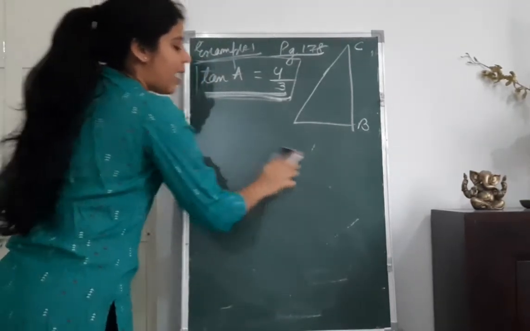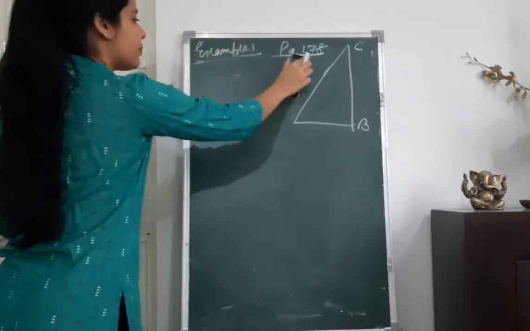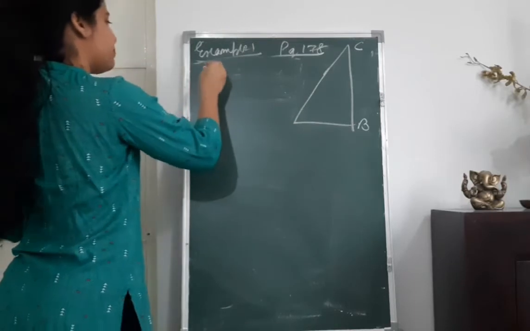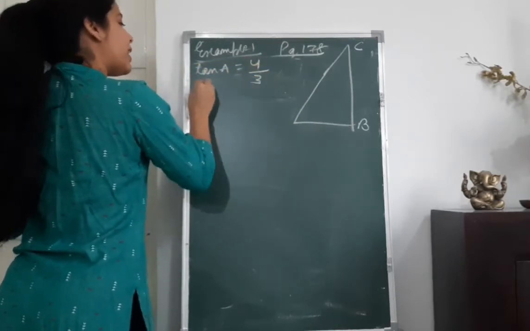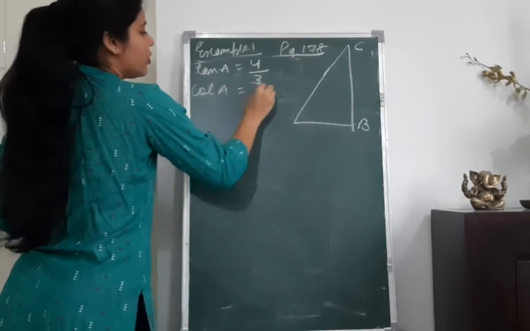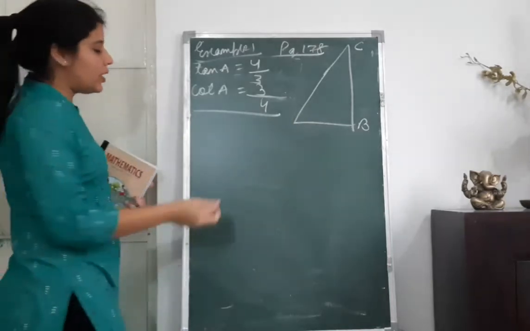Let us see how we are going to find out other trigonometric ratios for this triangle. I can say tan A is equals to 4 by 3 and cot A is equals to 3 by 4. See, what is tan A equal to?